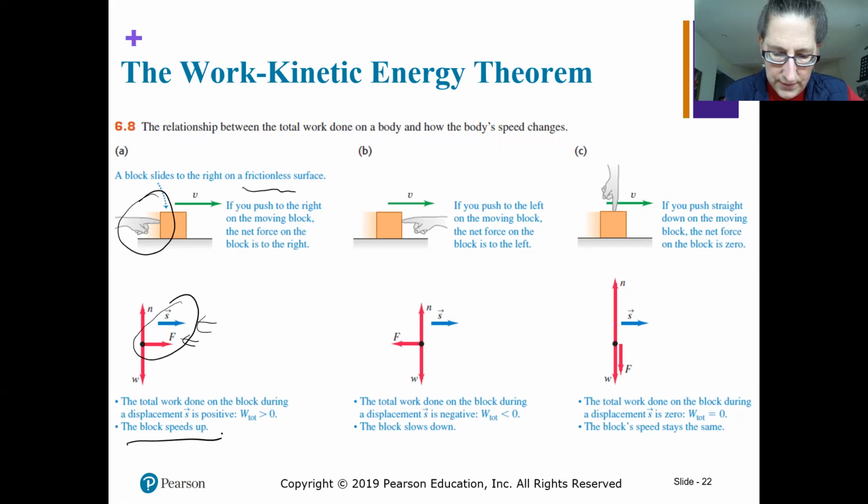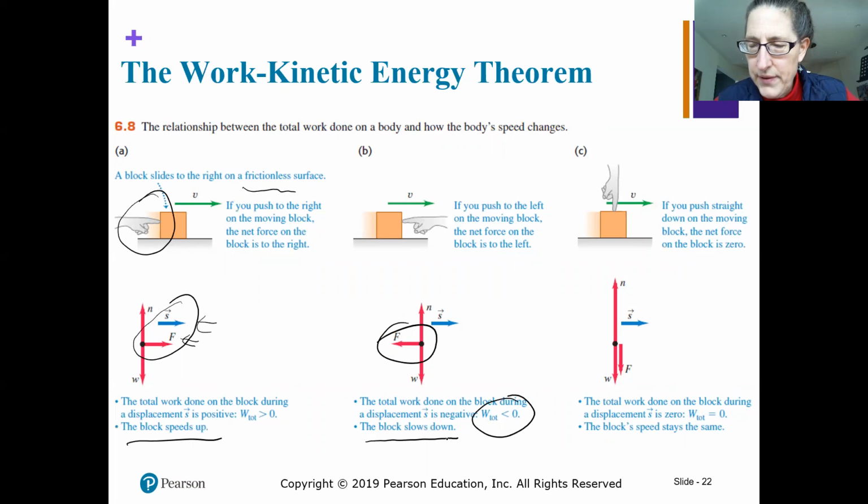Okay, so I think that's kind of obvious. Now, if the thing is moving to the right, and it's moving to the right because it was already moving before you started pushing on it, there is no friction here. But if you try to slow it down, even though it's moving to the right, you're going to be doing negative work. We've already seen that. And this negative work means it's going to slow down.